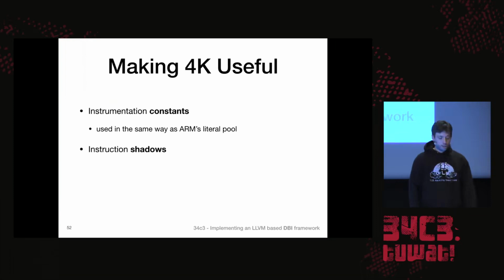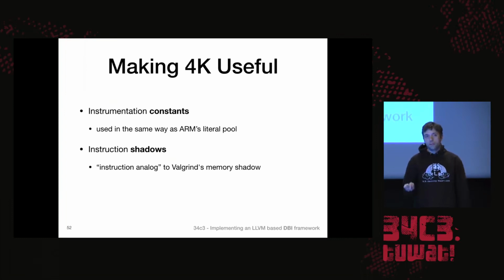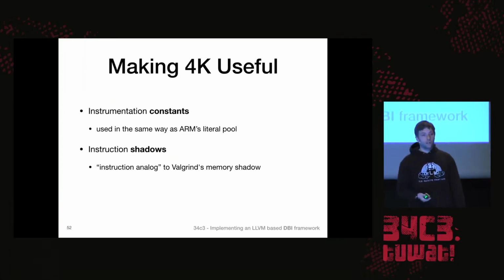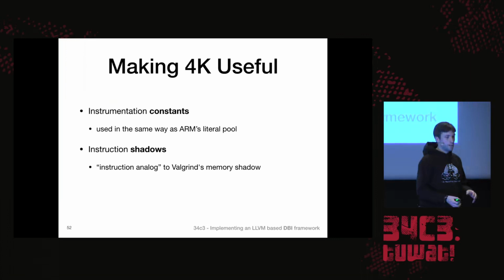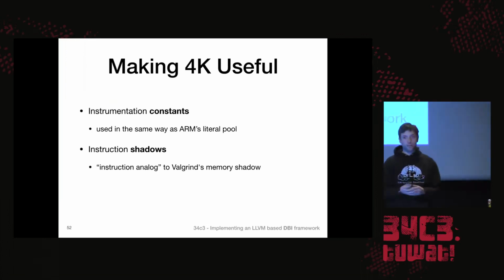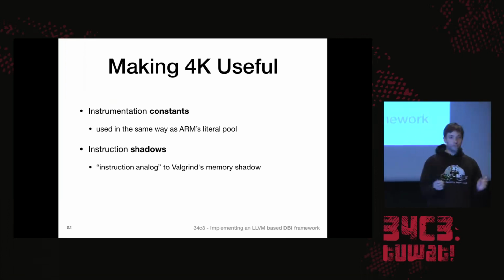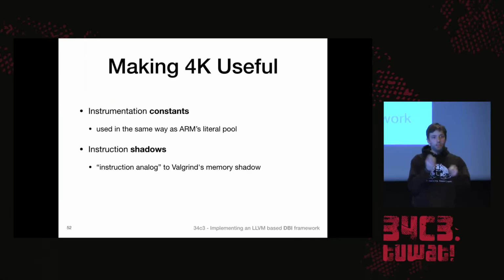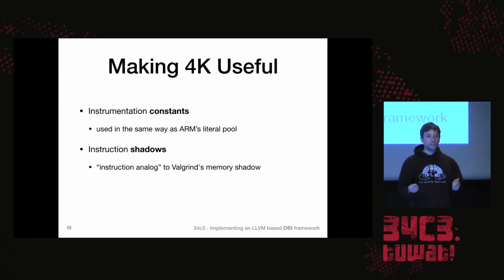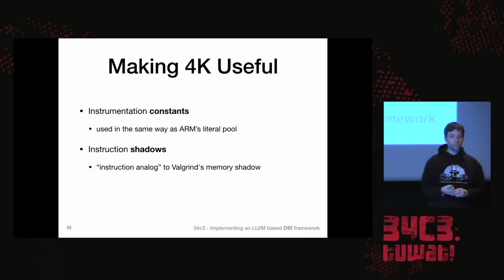And the other thing, which is a more interesting concept, is what we call instruction shadows. This is not entirely new. It's inspired from Valgrind. The way Valgrind tracks memory allocation is that they create what they call memory shadows. For one page of memory you allocate in your program, they create a small buffer where each bit represents the state of each byte of the memory page.